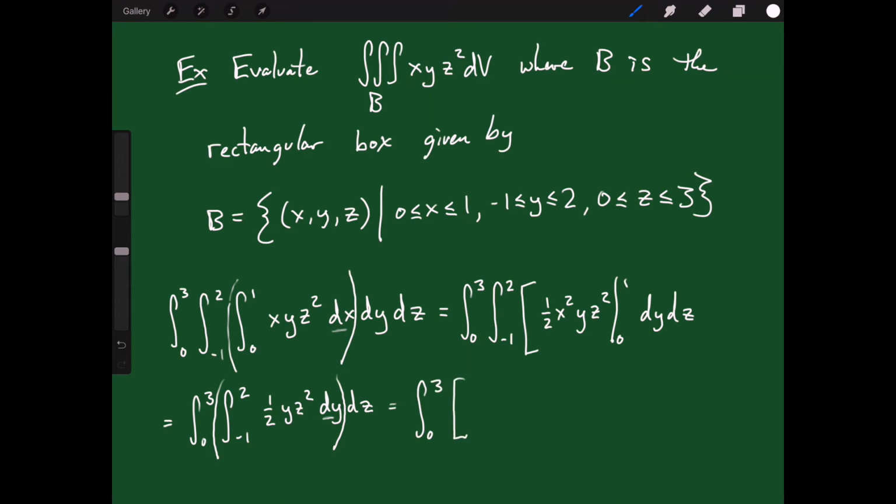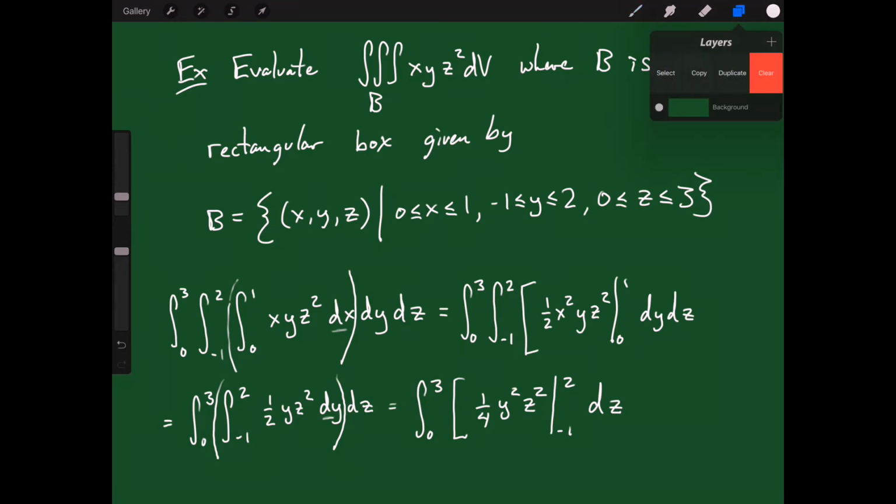I take the antiderivative of the y, and so I'd get 1/4 y squared z squared evaluated from -1 to 2, dz. All right, so now I need to plug in the 2 and the -1. Let's go ahead and do that.